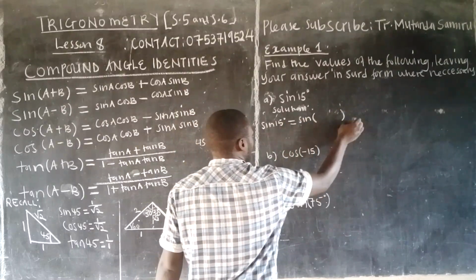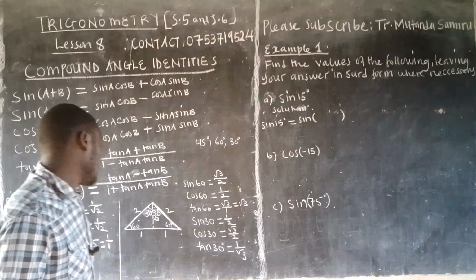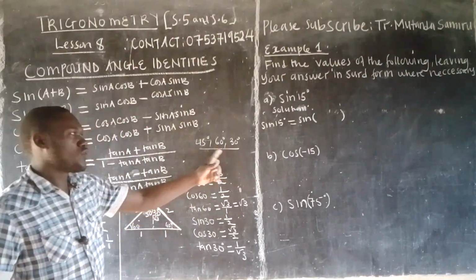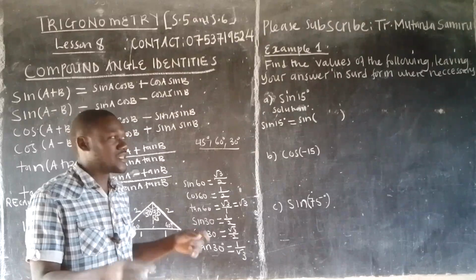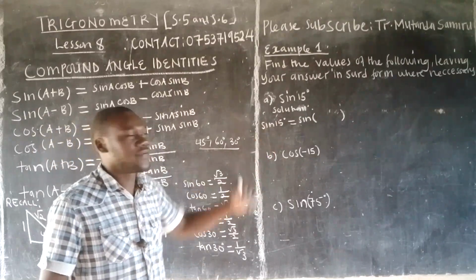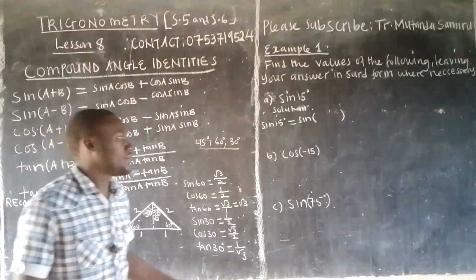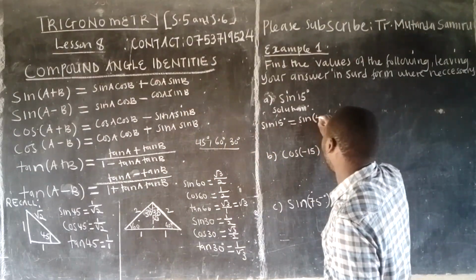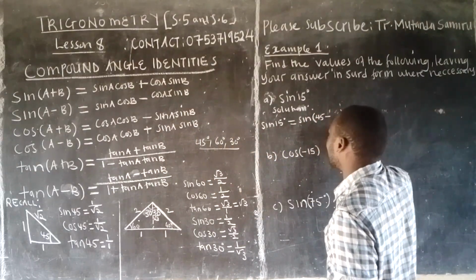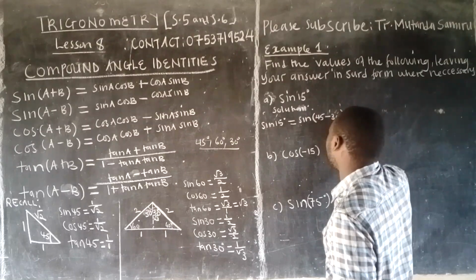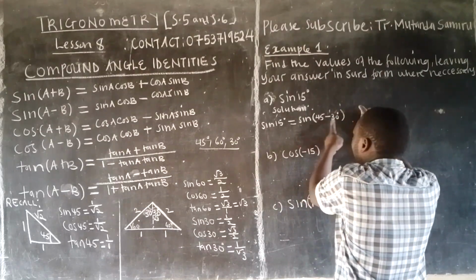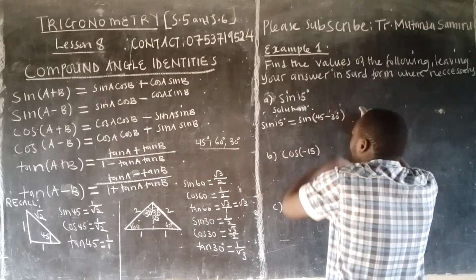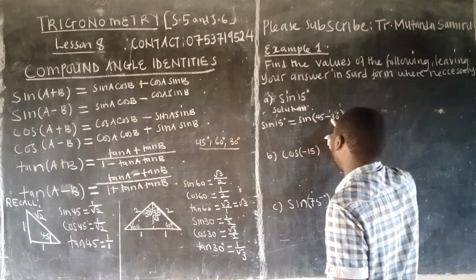You come back to the special angles, the ones you have in these triangles. Look out for the 2 angles which, when you add or subtract, the final result you get is a 15. To get a 15, we can have 45 minus 30. This minus this gives me a 15. I'm seeing this magic coming out.